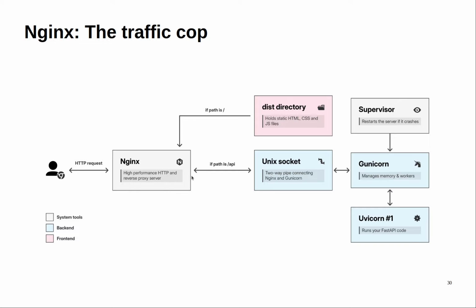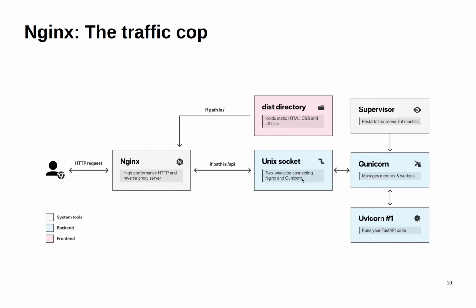If it sees that the path is /API/something, Nginx will talk to the Unix socket, and that Unix socket will send the request to Gunicorn, and Gunicorn will send it to the Uvicorn worker, which runs our backend.